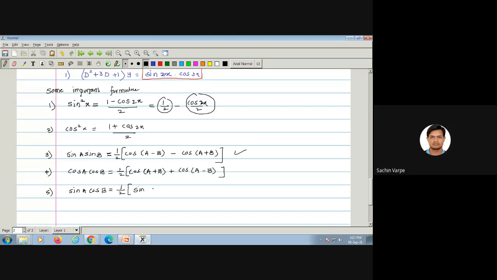Sine A cos B is in terms of sine only. Sine of A plus B plus sine of A minus B, isn't it? Check these formulas.